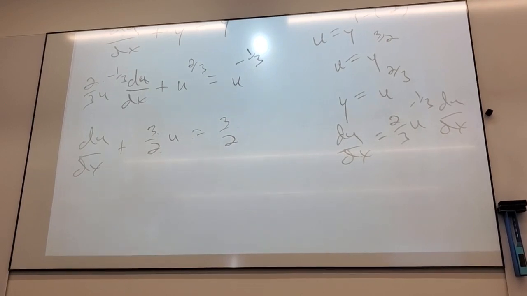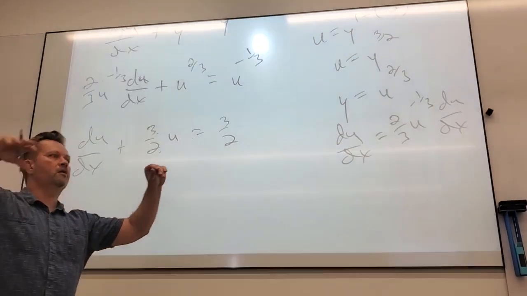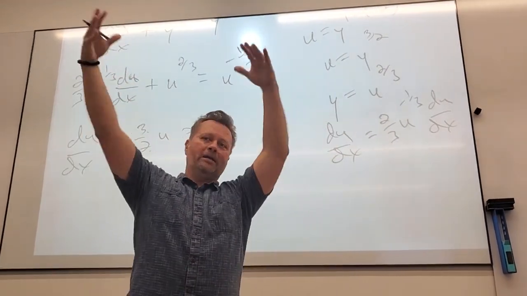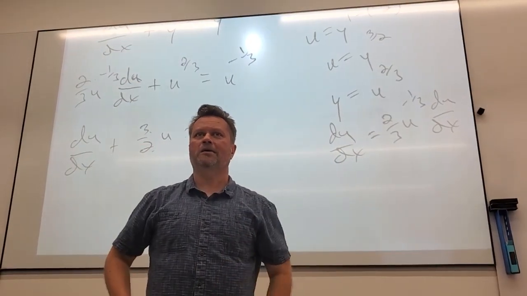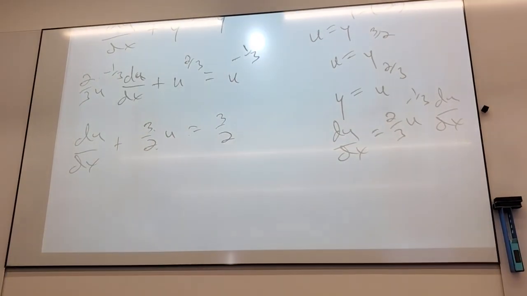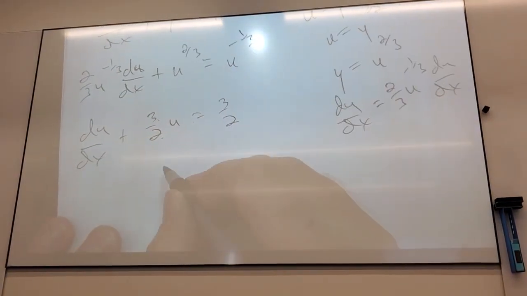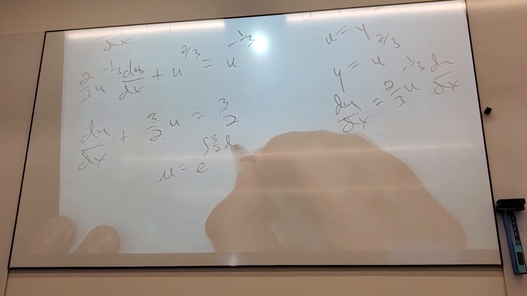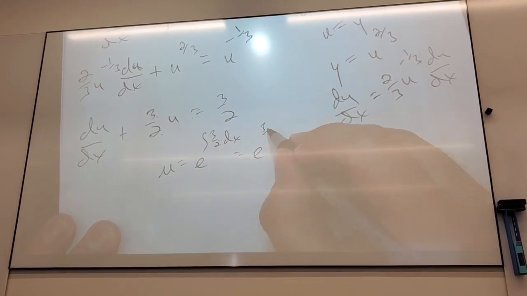And now you can tell, this is one of your favorite methods ever because all that work we did has now uncovered a linear. Now you got to do the linear stuff. How does linear work? P of x. What's the P of x? 3 halves. That would be just e to the 3 halves x.